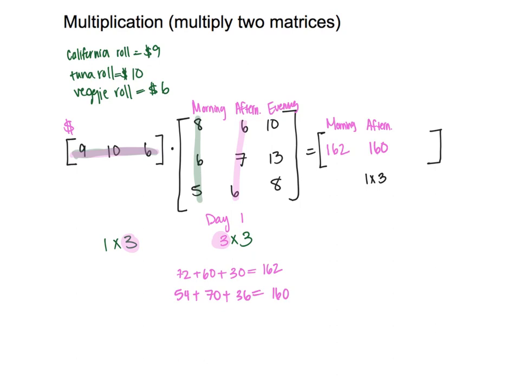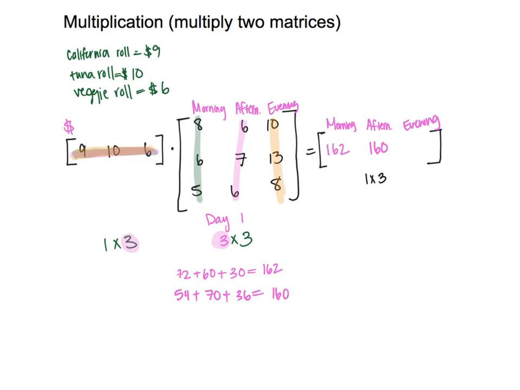Okay, last but not least, I have to figure out the evening. So how much total I made in the evening. So that's going to be multiplying, let's pick a different color here. Perhaps I'll pick orange. So I'm multiplying the price again, but now with the third column.